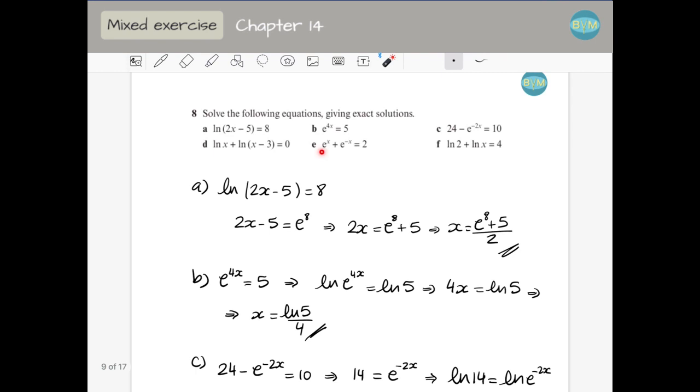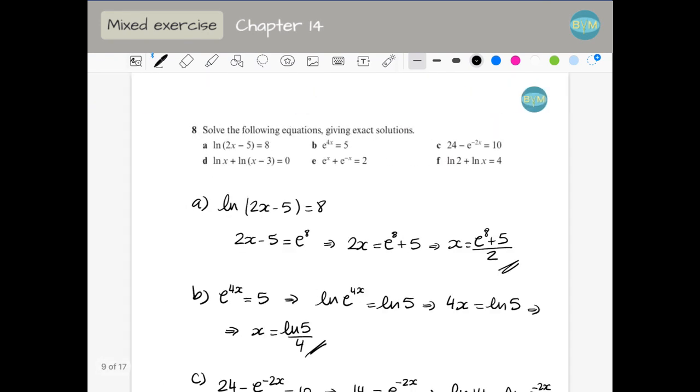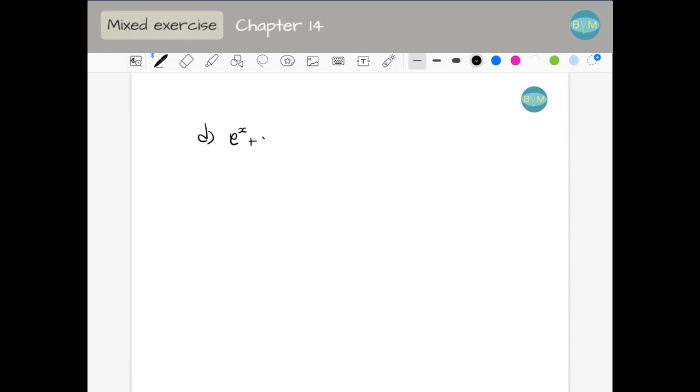Then e to the power of x plus e to the power of minus 2x equal to... so e to the power of x plus e to the power of minus x equal to. So what we can do is write this as 1 over e to the power of x, because I think it's going to make more sense for you.